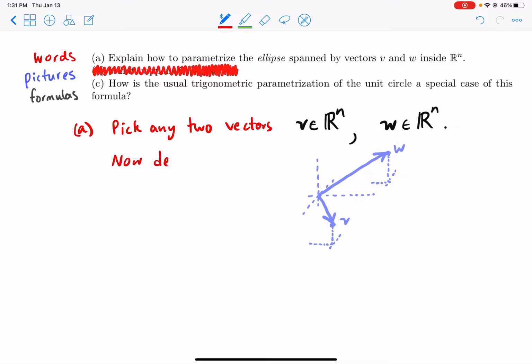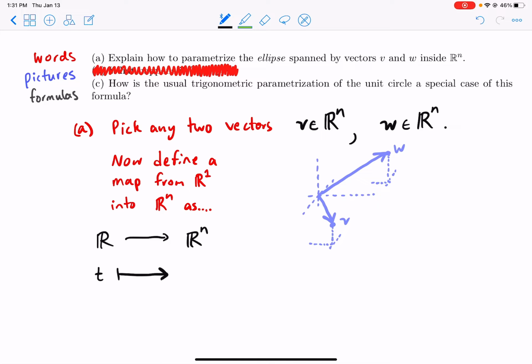Now, define a map from R1 into Rn as, and how do we define this map? Now I'll switch to the formulas color. Well, okay, so maybe let's put the input space, the output space, and let's take a real number t and send it to what? Well, here's the formula.